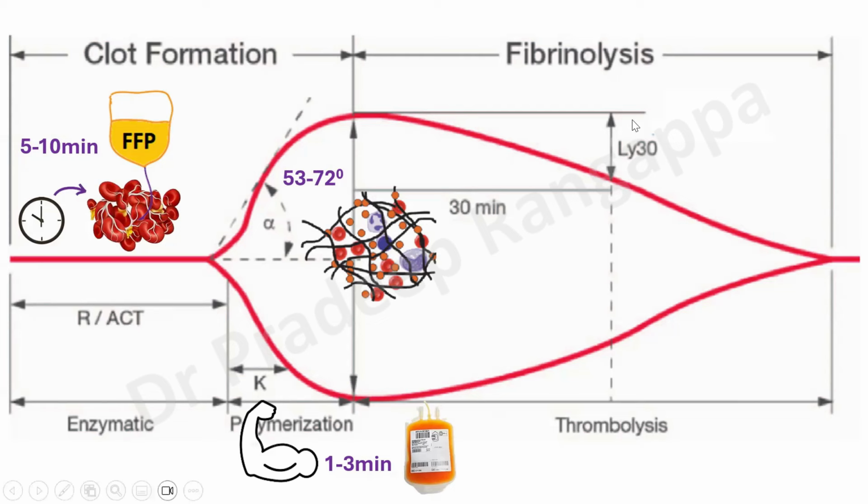And of course, this part of the curve shows the fibrinolysis. So if the R time is prolonged, then FFP. If the K time is prolonged, then cryoprecipitate. If the angle is affected, the speed of clot formation, then one has to consider cryoprecipitate. As a conceptual understanding, keep this in mind.